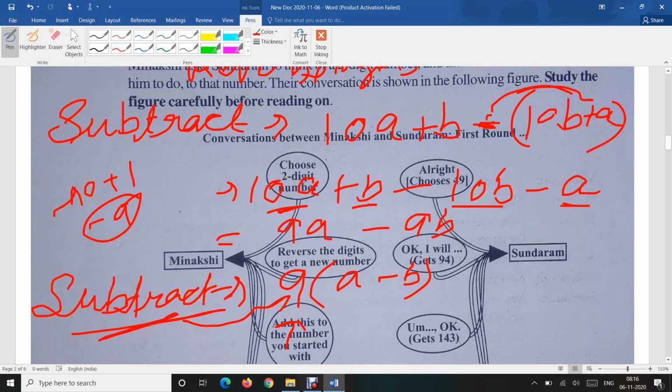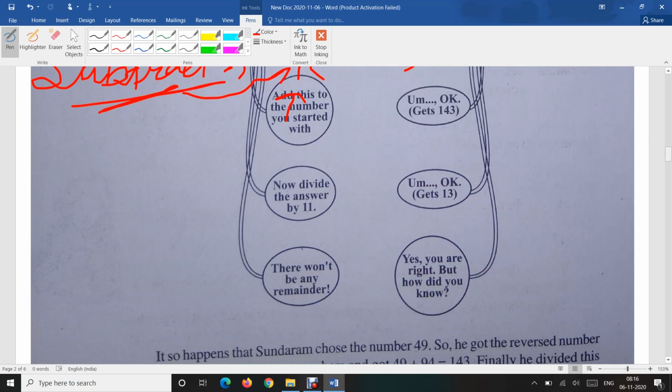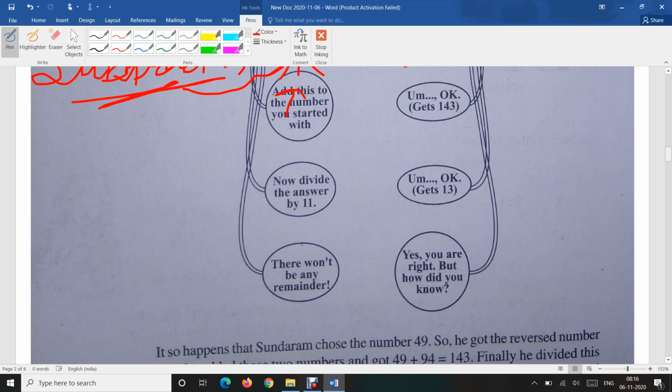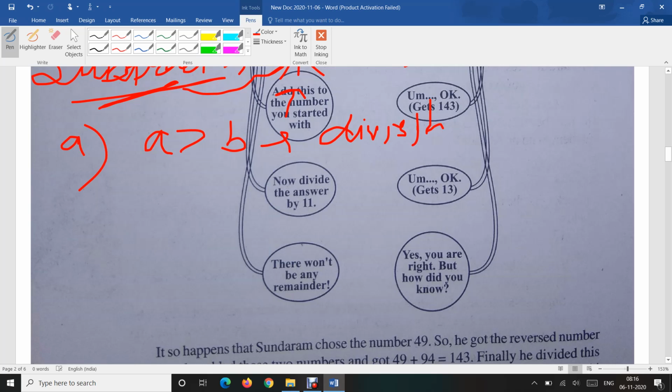Now there are some cases, because in the addition we are not bothered about the signs, but in the subtraction we have to bother about the sign. So the first case is, if A is greater than B, then it will be divisible by 9.